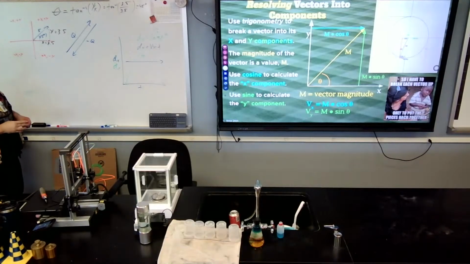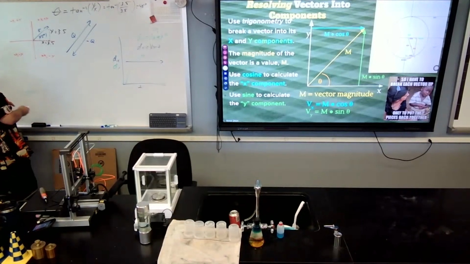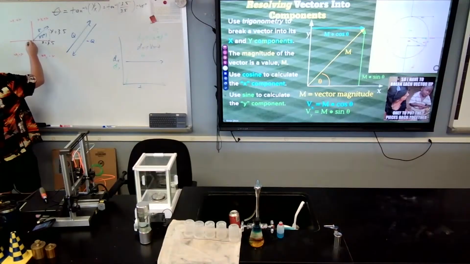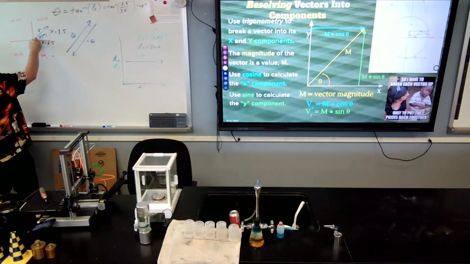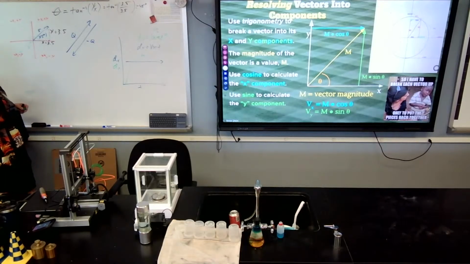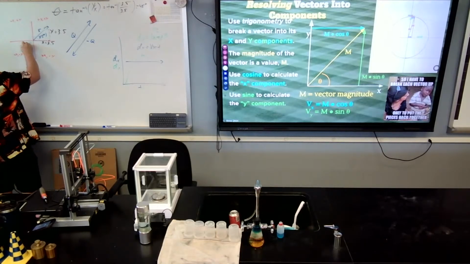Let's use the negative of that vector. The negative of that vector has the same magnitude of 5, but the angle is 225 degrees.